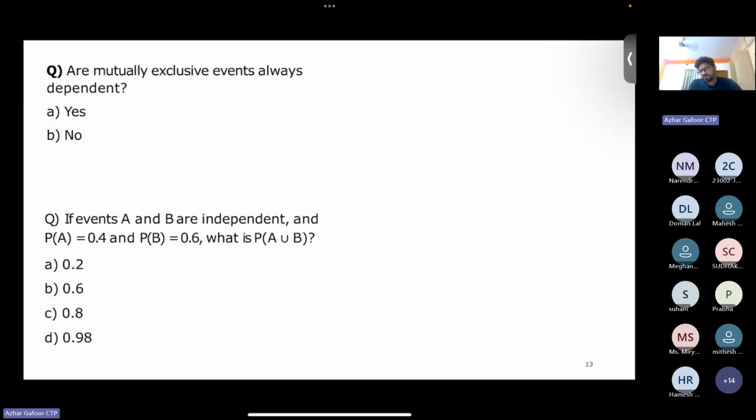But can you think again? Why is it no or yes? Sir, the second question is C, 0.8, but for the first question it's no. Why do you say the answer is no?